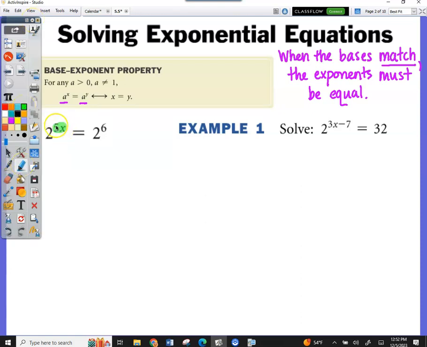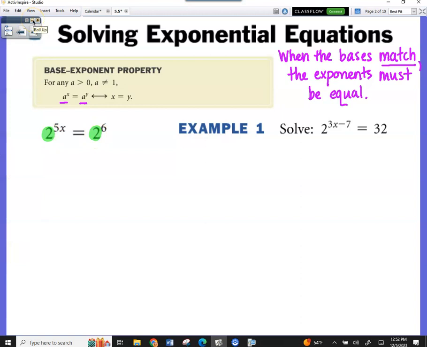We have 2 to the 5x and 2 to the 6th. It says 2 to the 5x equals 2 to the 6th. The x is in the exponent's position. We don't want to convert to the log here because we should notice that the bases of both of these are 2, which means they have to be raised to the same power.